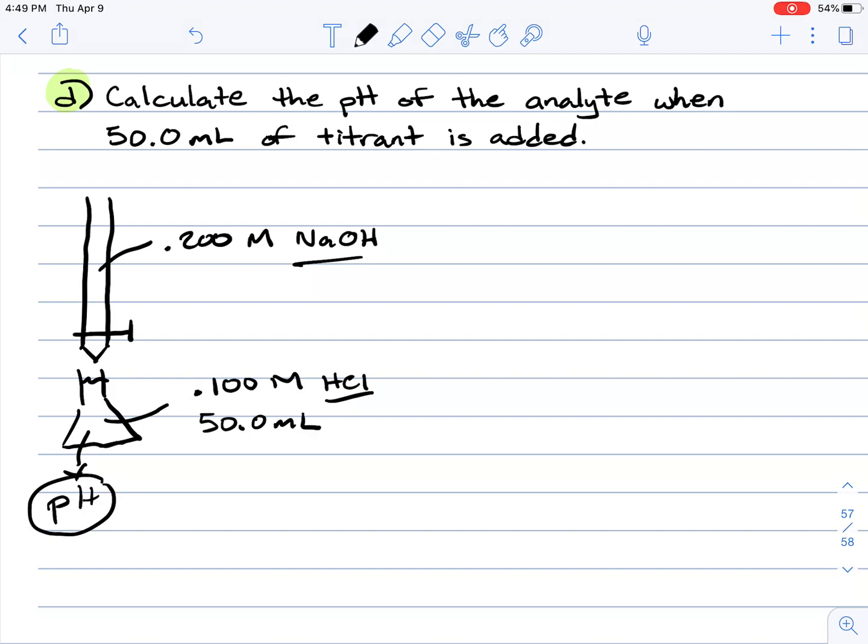All right, so if you look at this volume here, we're going to once again calculate the pH of this solution when 50 milliliters of sodium hydroxide is added.